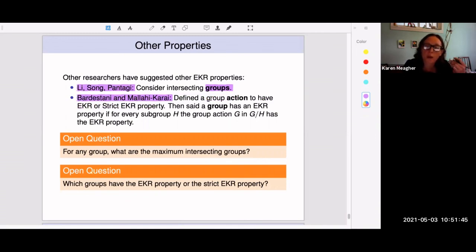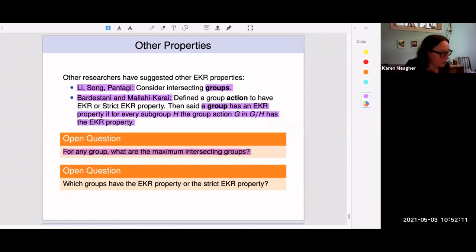They defined a group action to have either the EKR or the strict EKR property. But what they did is they said a group has the EKR property if for every subgroup, the action has the EKR property. And they were able to prove some nice things as well. In terms of open questions, you can always ask for any group, what are the maximum intersecting groups rather than sets?